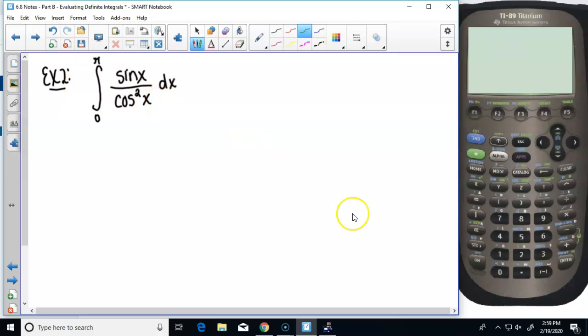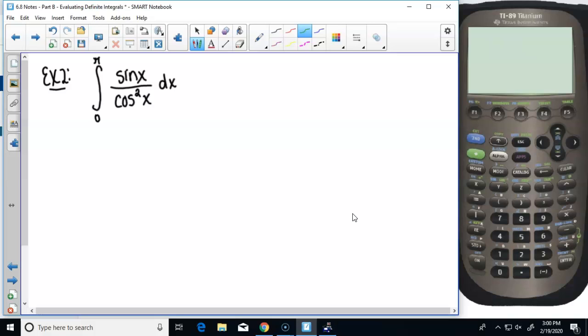So let's do this example. The integral from 0 to pi of sine x over cosine squared x. We do not know how to do this as it is right now because it's got a fraction.